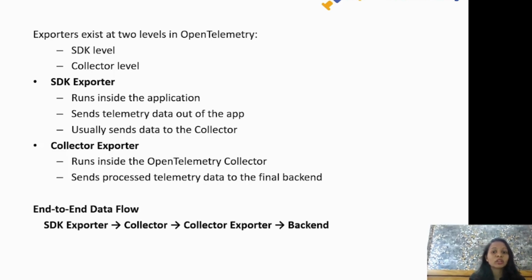On the other hand, the collector exporter runs inside the OpenTelemetry collector and sends data to the backend. This separation improves scalability and reliability. The end-to-end data flow is from the SDK to the collector to the backend. So this is how the exporter works inside collectors.